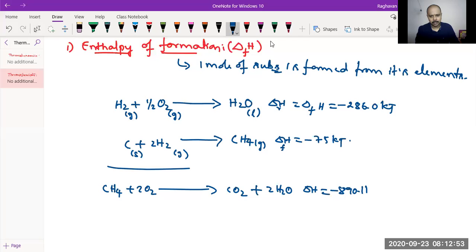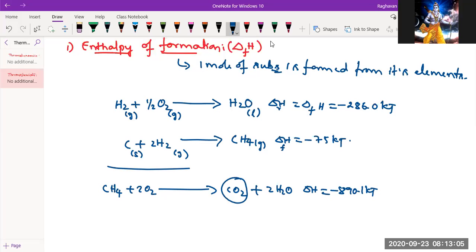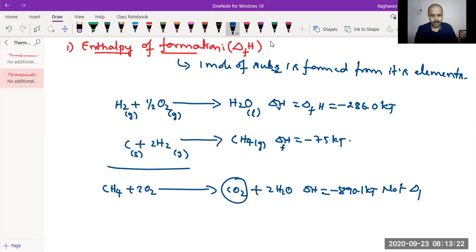Can I call this reaction producing water or carbon dioxide? This 1 mole of carbon dioxide is formed. Can I now call the enthalpy change the enthalpy of formation of carbon dioxide? No, sir. Because it is not being formed from its elements. A particular substance may be produced in different ways, but in order to calculate enthalpy of formation, it should be formed from its elements only. That's the condition. So it's not delta FH.